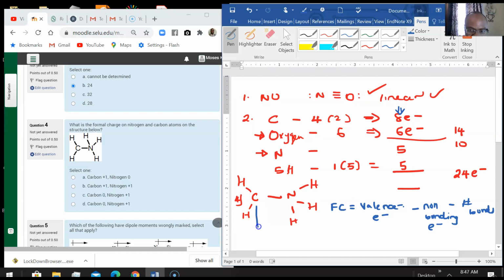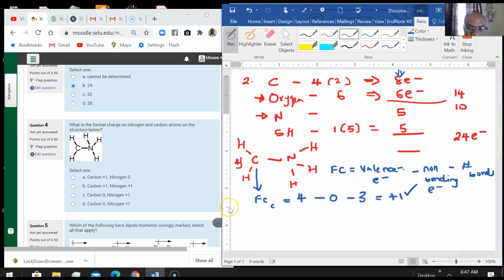So if you're looking at the carbon, the formal charge of the carbon will be equal to the valence of carbon, which is 4, and then there's no lone pair shown, so no non-bonding electrons. And then how many bonds around the carbon? 3. So the charge on the carbon is +1.